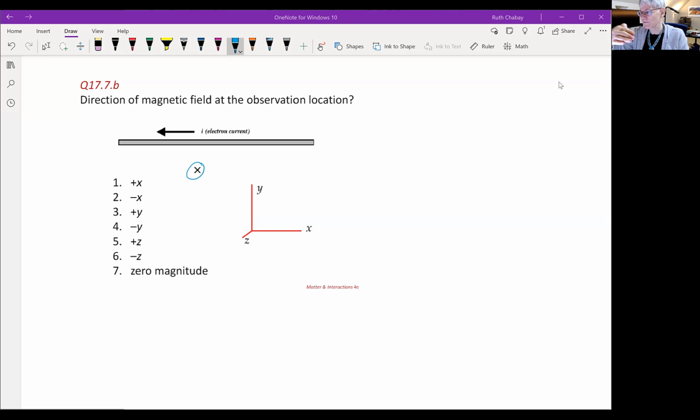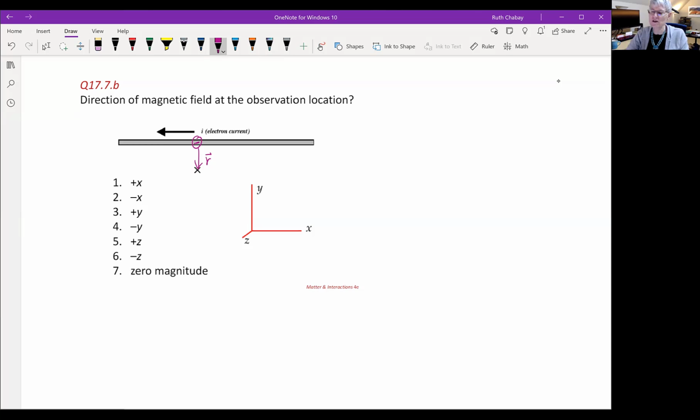So we're going to point the fingers of our right hand in the minus x direction, and then we know that the vector r, so we're going to consider an electron right here. It's going in the minus x direction. We want to curl our hands to the minus y direction.